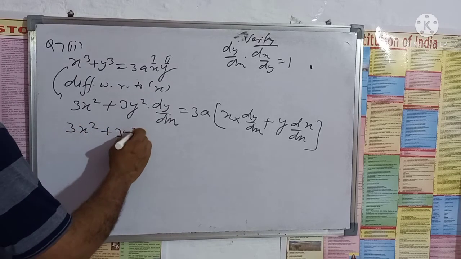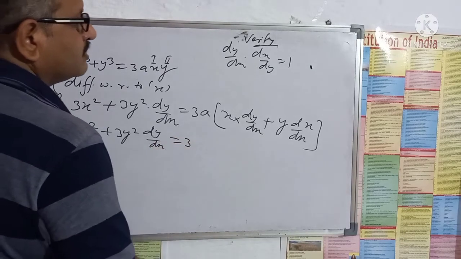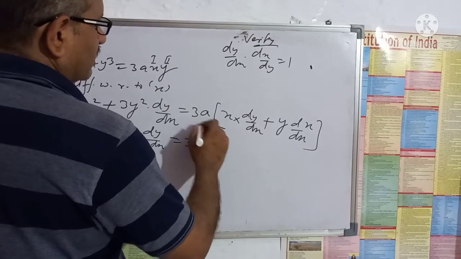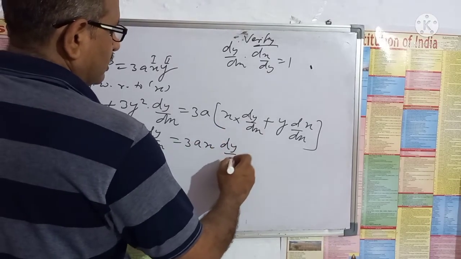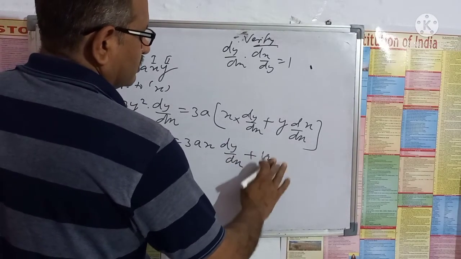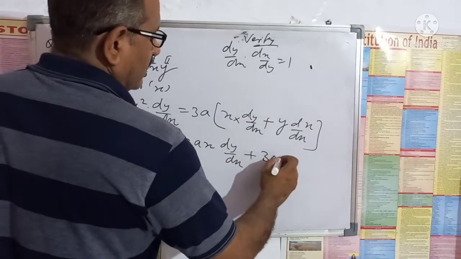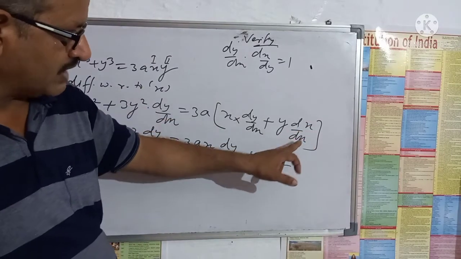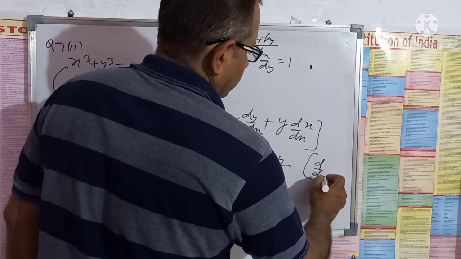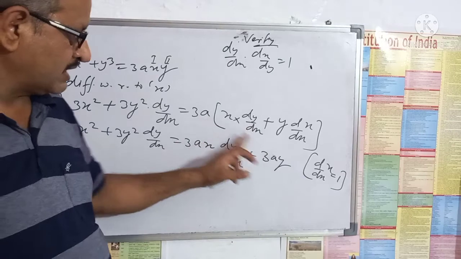So 3x square plus 3y square dy by dx equals 3a open the bracket 3ax dy by dx plus 3ay, because the derivative of x with respect to x is 1. So y into 1 is y, close the bracket, 3ay.